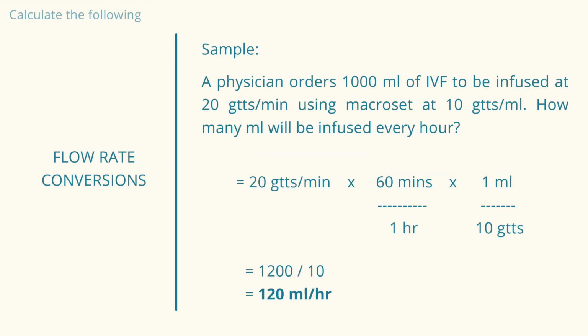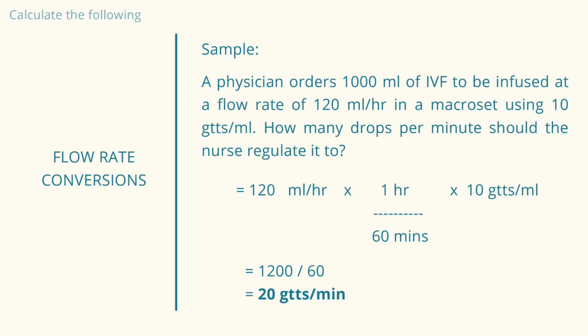A physician orders 1000 ml of IVF to infuse at 20 drops per minute using macro set at 10 drops per ml. How many ml will be infused every hour? So you need to divide 20 times 60 times 1 ml over 1 hour and 10 drops. So the equivalent would be 120 ml per hour.